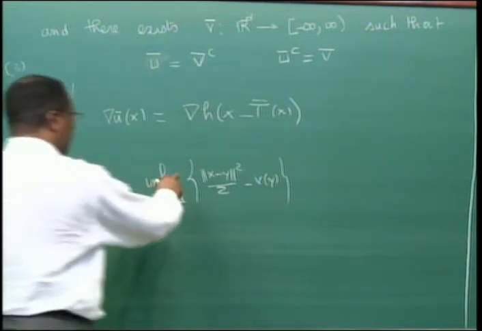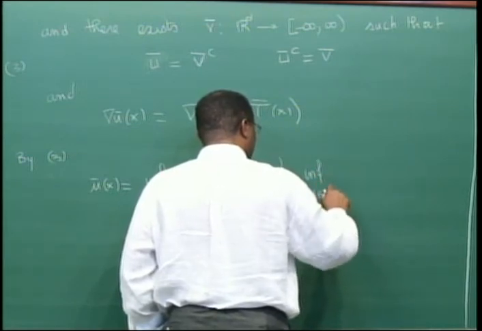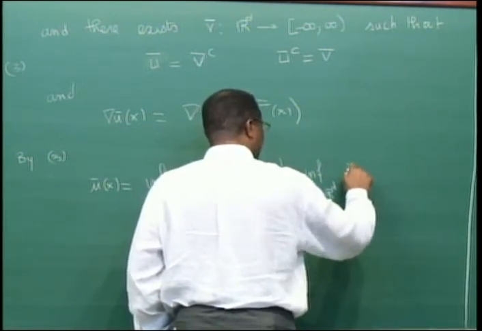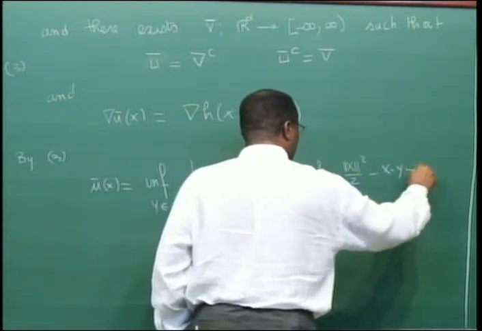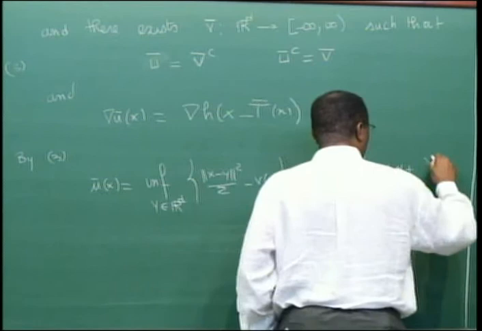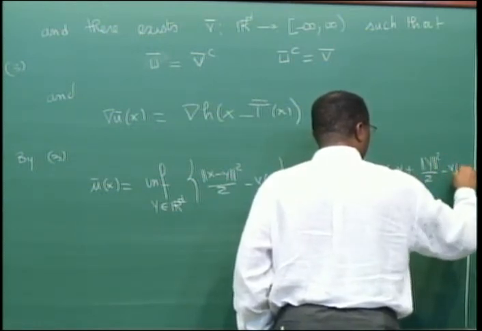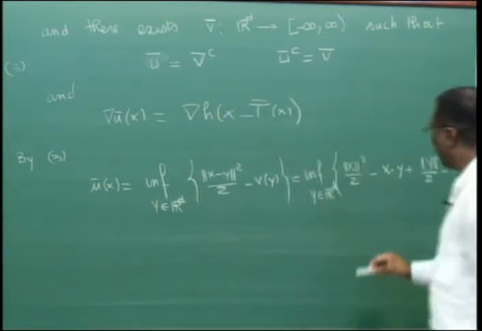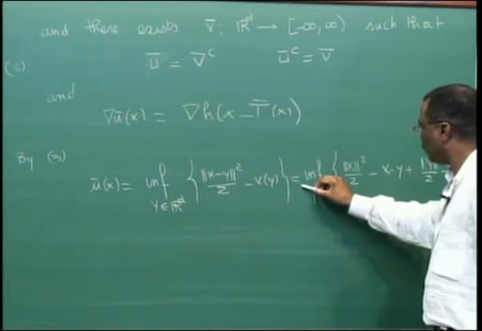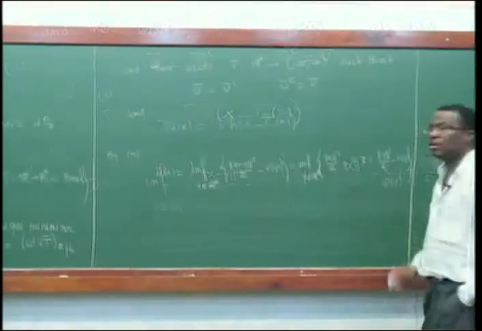Now I am going to expand this to have that it is the infimum over y in R^d of |x|^2 over 2 minus x·y plus |y|^2 over 2 minus v of y. I can take the |x|^2 over 2 out, and I am going to set the rest to be psi of y.